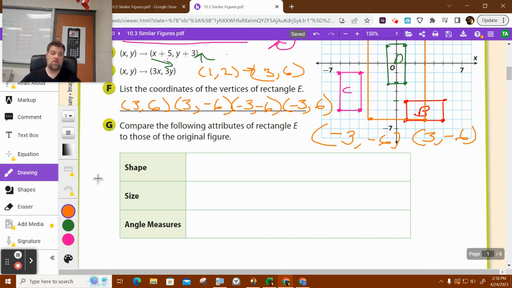Well, the shape, it's the same shape. It's still a rectangle, right?